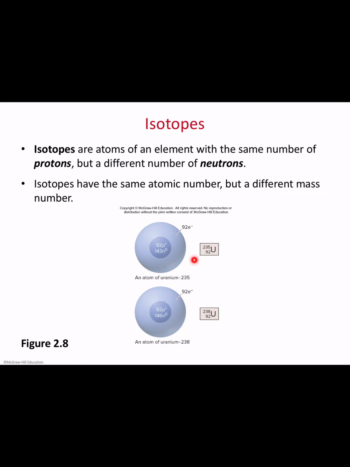And then the number of neutrons is going to be 235 minus 92, that is 143 neutrons. And here 238 minus 92, that is 146 neutrons. So they have the same number of protons, which is 92, but they have different numbers of neutrons, and they are called isotopes.